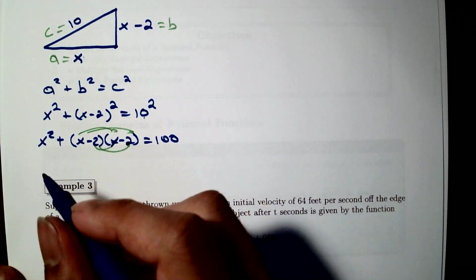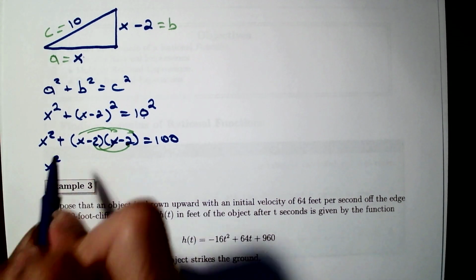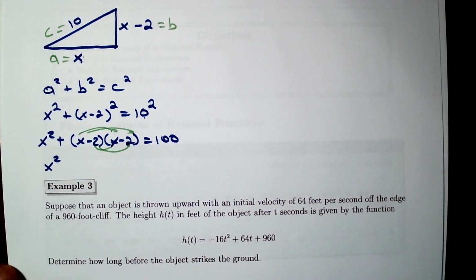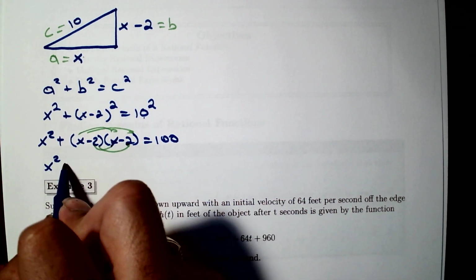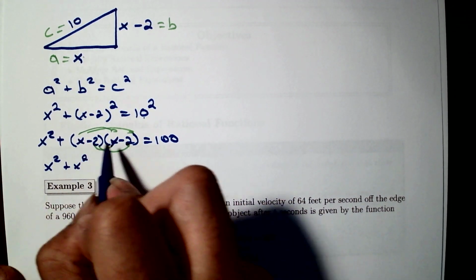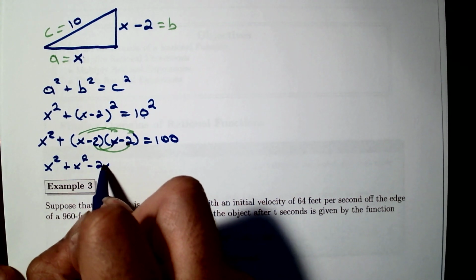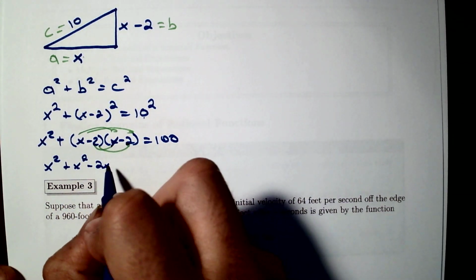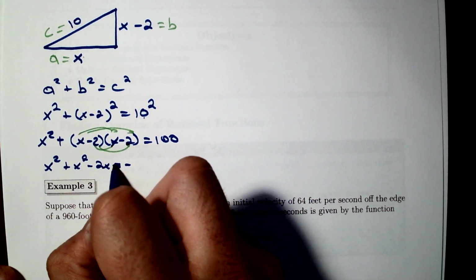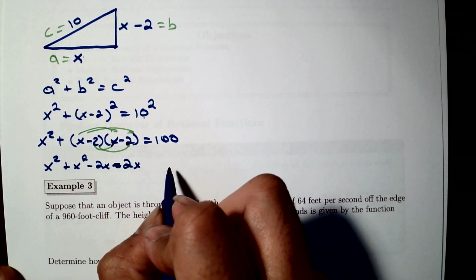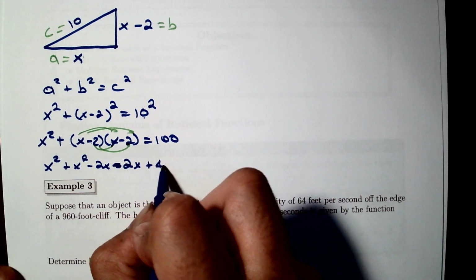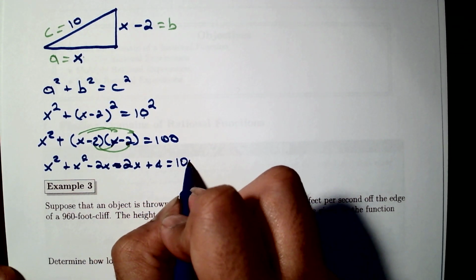So the first x squared, it's going to go here. Then x times x, that's an x squared. x times negative 2, that's a negative 2x. Negative 2 times x, that's another negative 2x. And negative 2 times negative 2, that's going to give us a positive 4. And that equals 100.